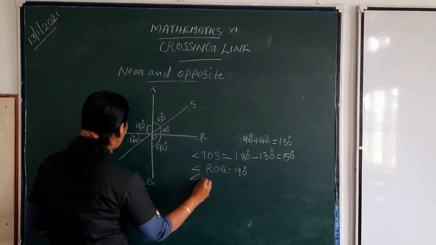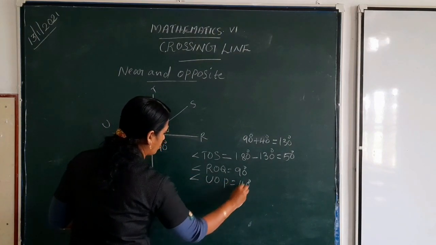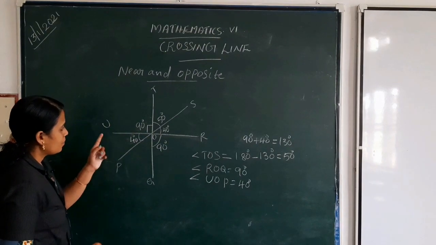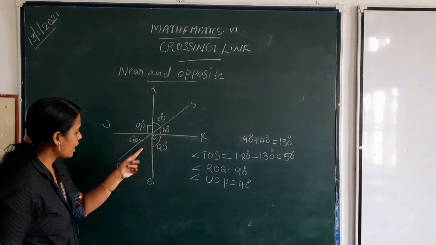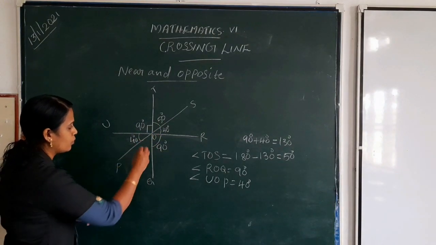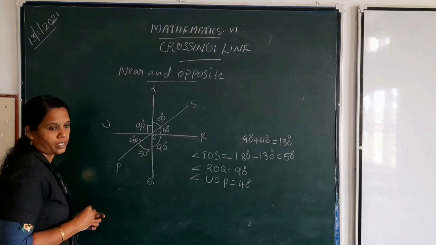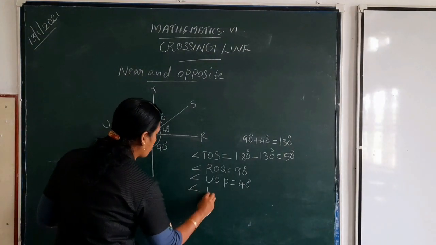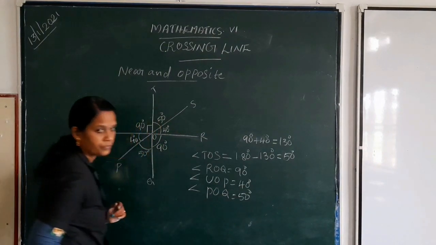So angle UOP is equal to 40 degree. Next one, angle TOS 50 degree. Opposite angle POQ, so opposite angle also same 50 degree. So angle POQ is equal to 50 degree.